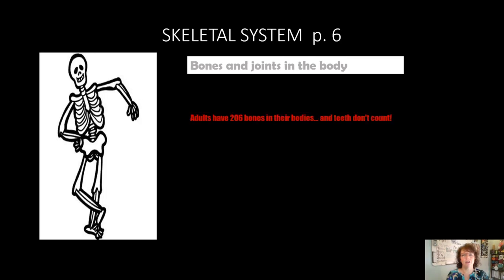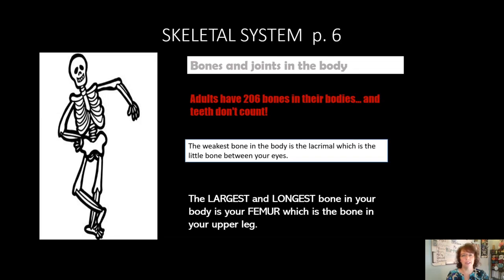Next, you'll write adults have 206 bones in their body, and teeth don't count. Then you're going to write some more details: the weakest bone and the strongest bone. The weakest bone is the lacrimal, the little bone between your eyes. The strongest bone is your femur. It's also the longest bone.